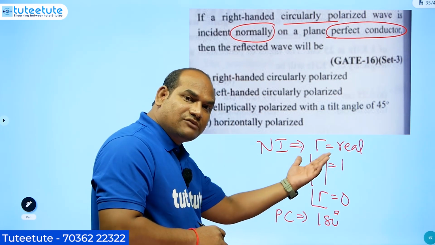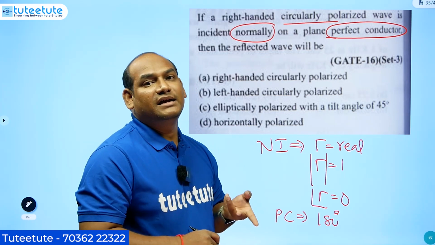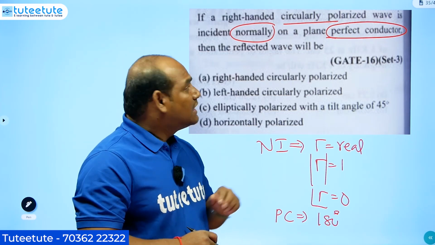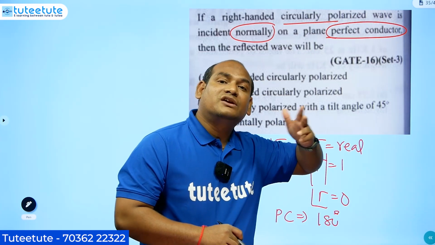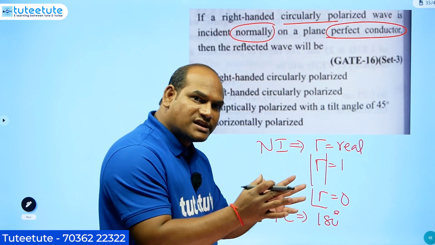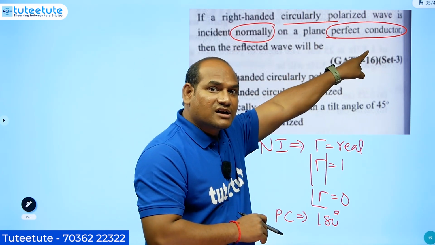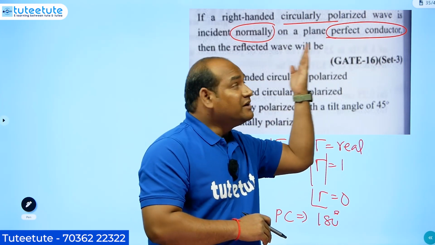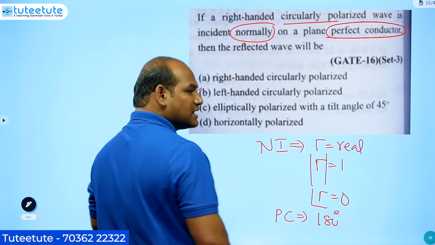Everything will be reflected, but the polarization will be different. How? We have right-handed circular polarization, so the reflected wave will be left-hand circular polarization. Circular polarization is common, but because we have a perfect conductor, it will become left-handed circular polarization. So option B is the correct option.